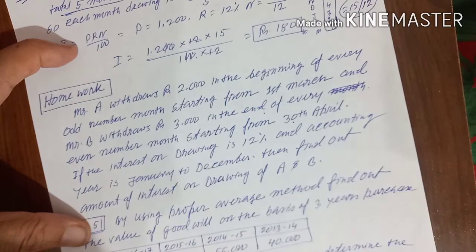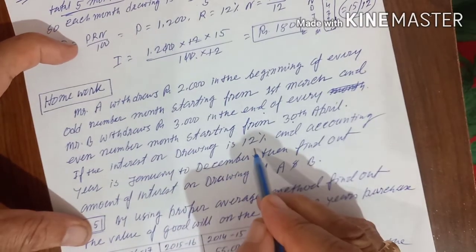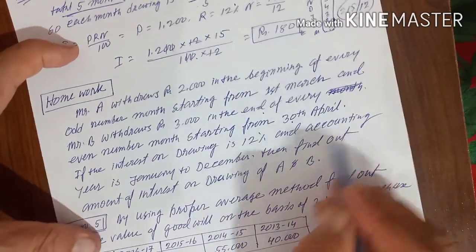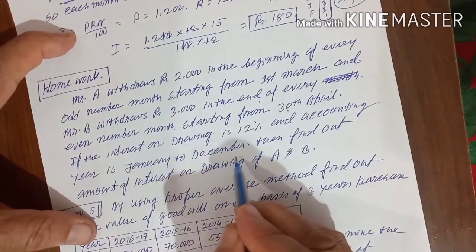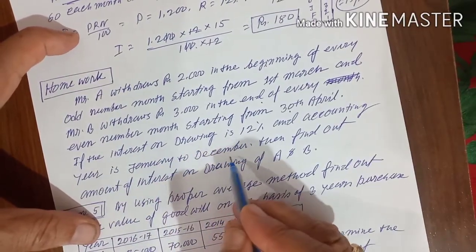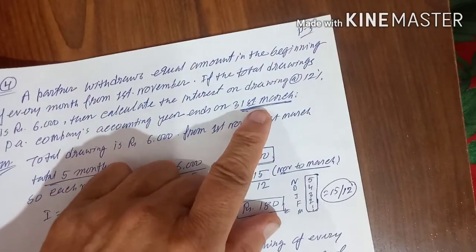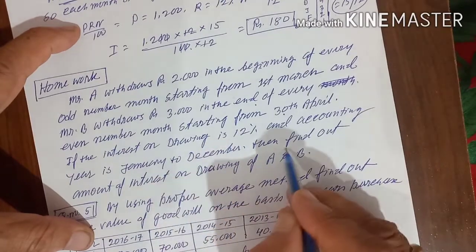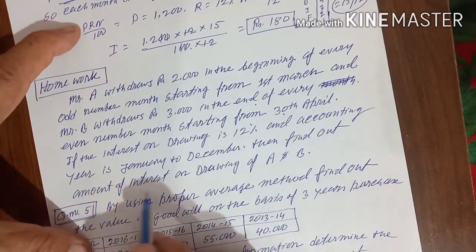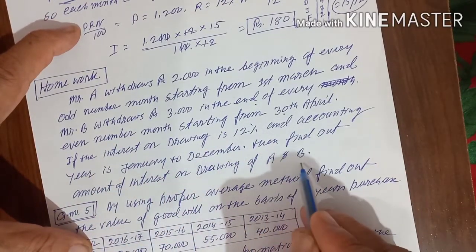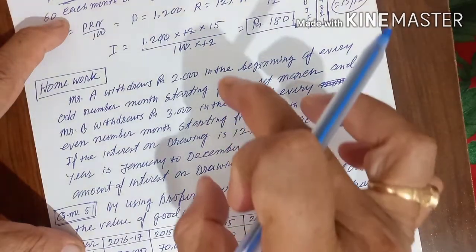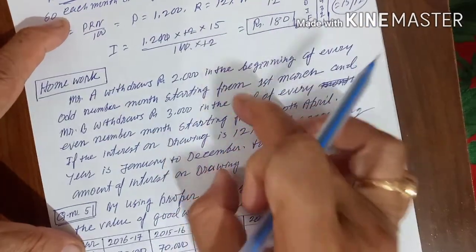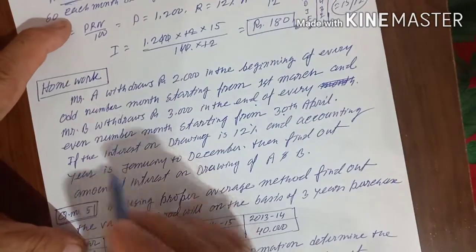If the interest on drawing is to be calculated at the rate of 12%, and accounting year is January to December. January to December means that is called calendar year. 31st March means financial year. So January to December, then find out the amount of interest on drawing of A and B. So be careful whenever you are doing. Once again I want to read it to you.